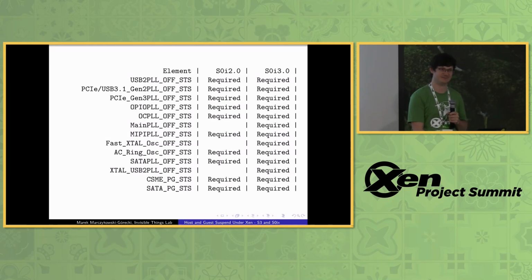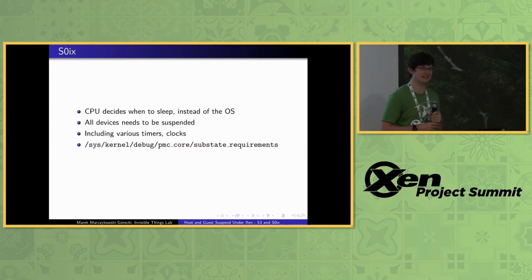C state is just one of them. All the IP blocks in the PCH and so on are most of the requirements. The CPU C10 is, I guess, only one of all of those. Generally, you need to suspend everything and hope the platform will actually suspend.